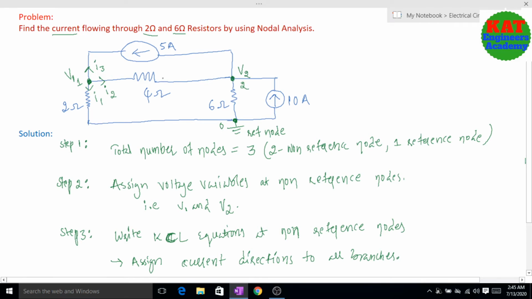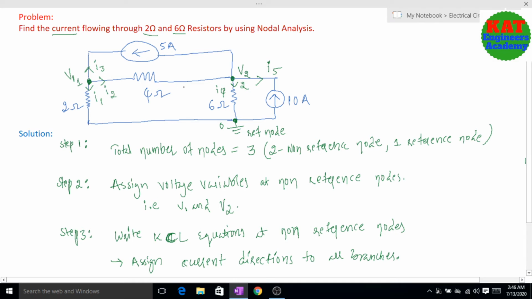Okay, just listen. Here I consider this one as I4. Now this one is considered as I5. So I4, I5. Next, the remaining two branches. Already we have I3 and I2, I3 in this direction and I2 in this direction.